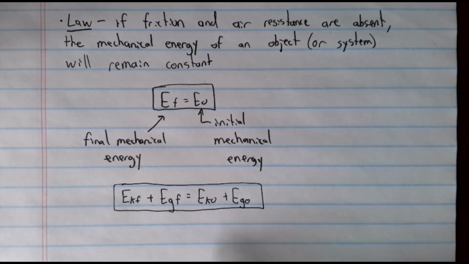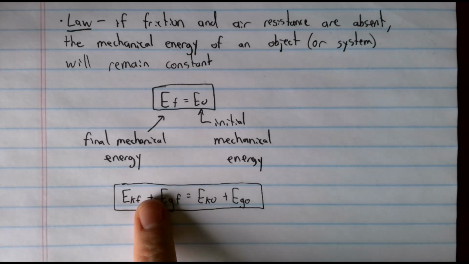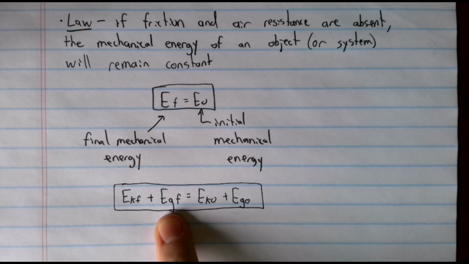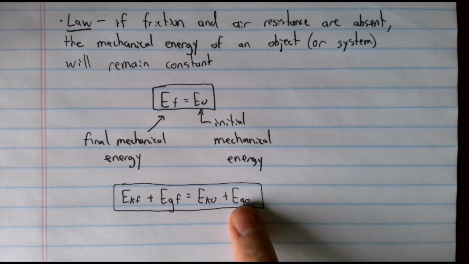In words, this means the final kinetic energy of an object plus the final gravitational potential energy equals the initial kinetic energy plus the initial gravitational potential energy.